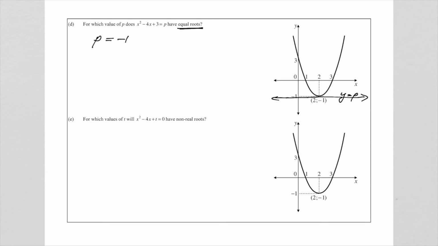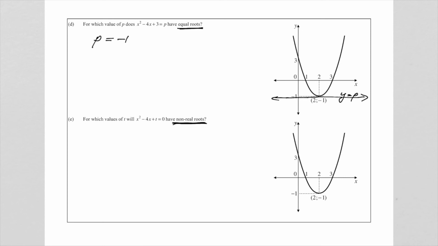In the last question, number E, they ask for which values of t will x squared minus 4x plus t be equal to 0 have non-real roots. So please take note, they say non-real.